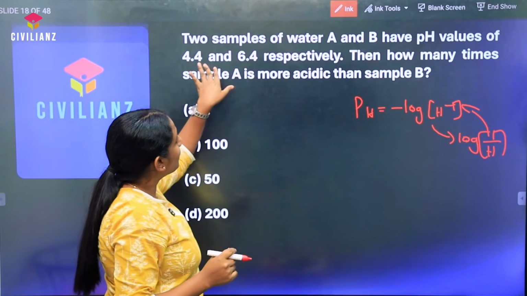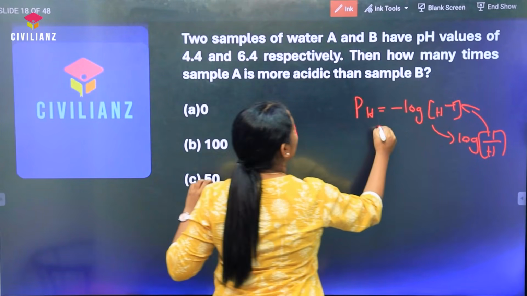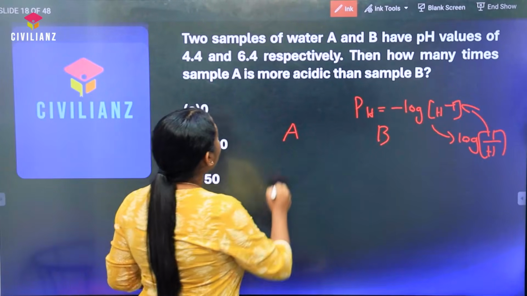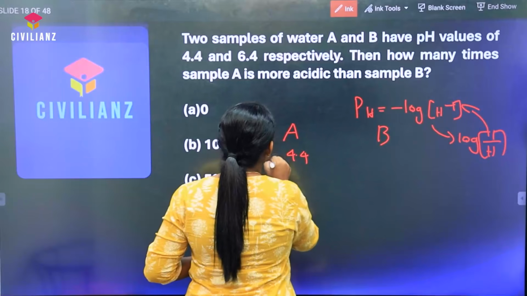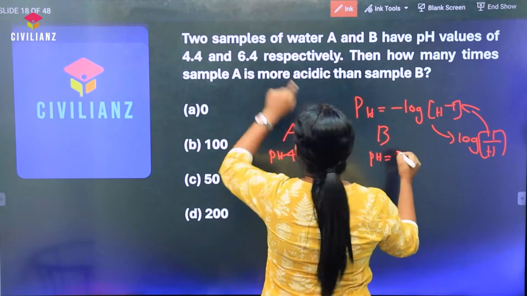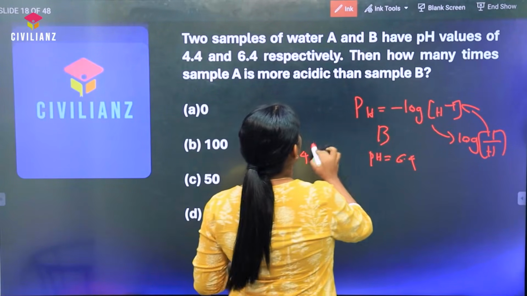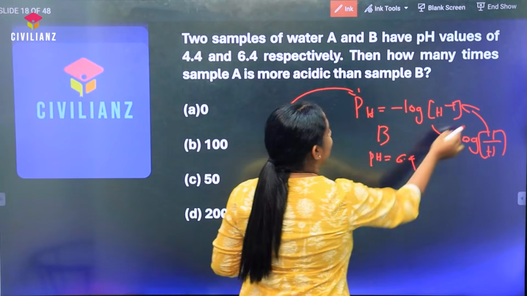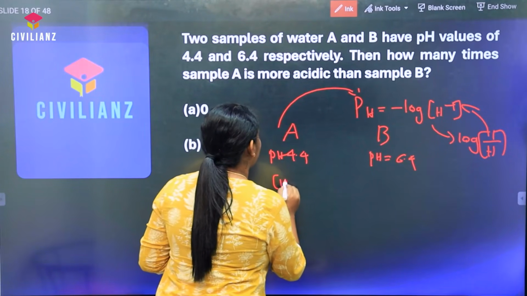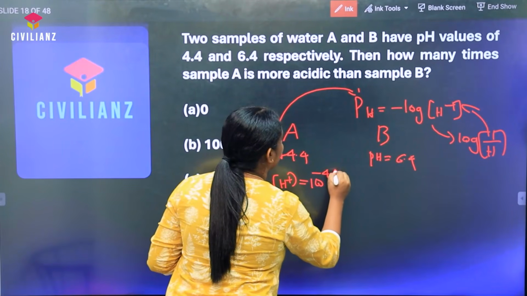In this question, two samples, sample A and sample B, are given. The pH value of sample A is 4.4 and the pH value of B is 6.4. So putting the pH value 4.4 here, the concentration of H+ we can directly write as 10 raised to minus 4.4.